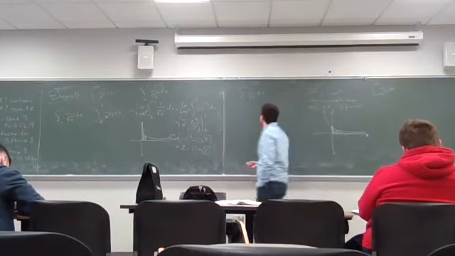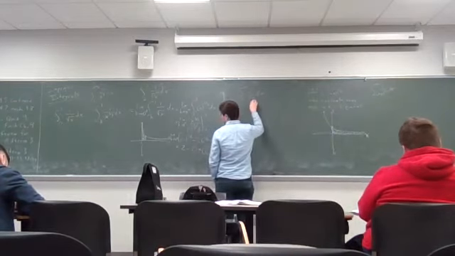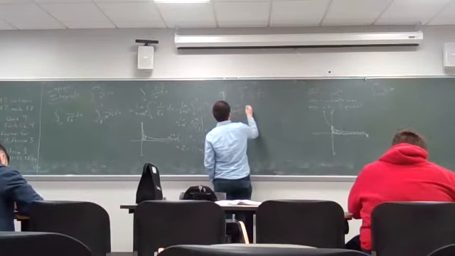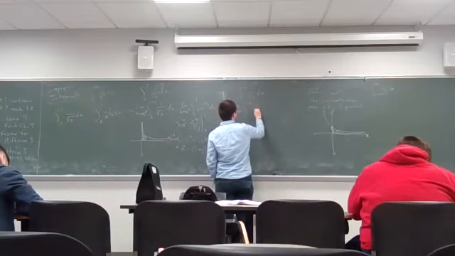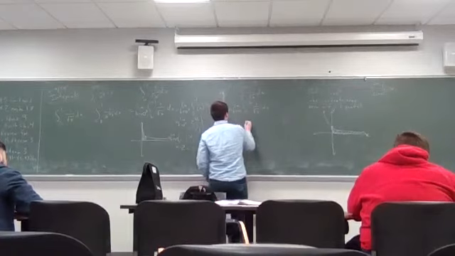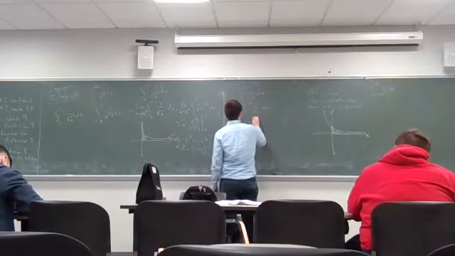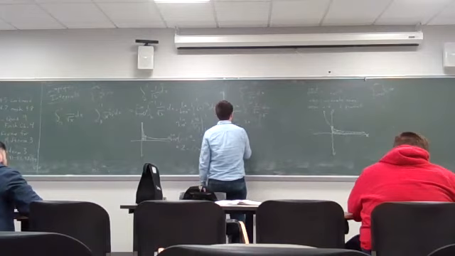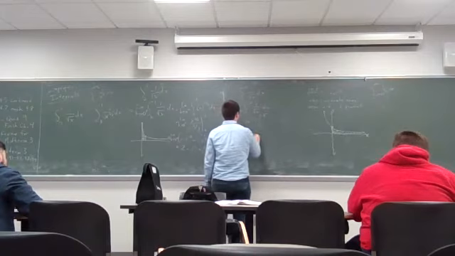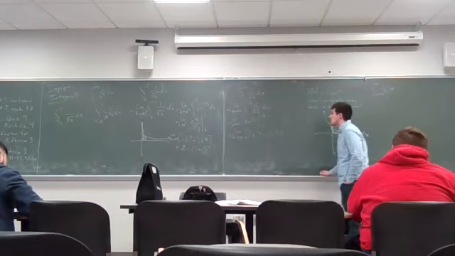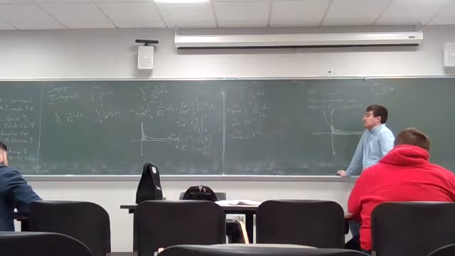We already know what the integral of this is, so let's change this to the limit as b approaches infinity of the integral from 1 to b of 1 over the square root of x dx. That's the limit as b approaches infinity of 2x to the 1 half from 1 to b, which is the limit as b approaches infinity of 2b to the 1 half minus 2 times 1 to the 1 half.